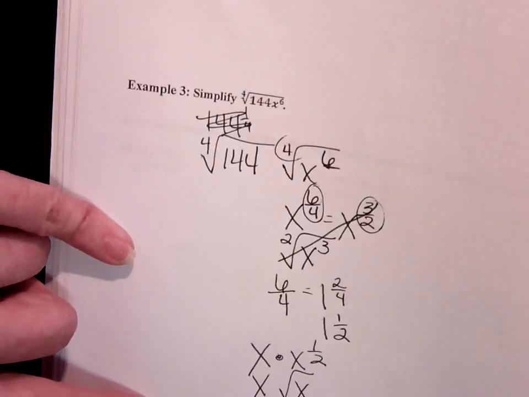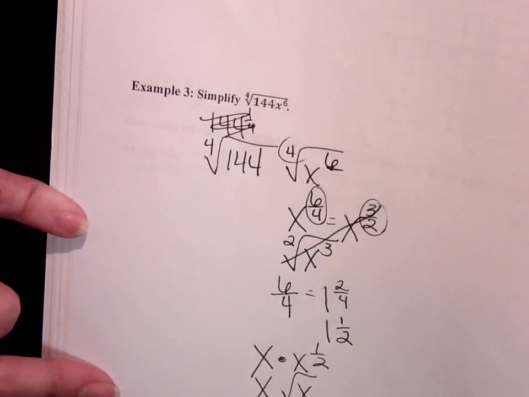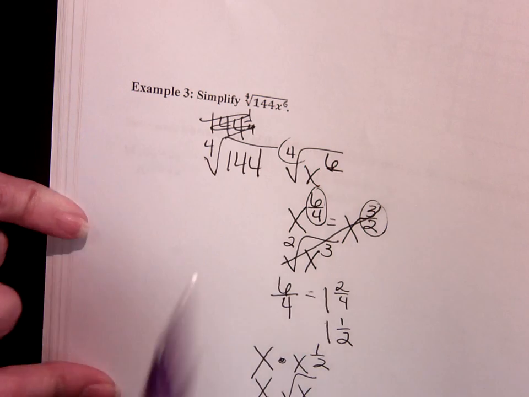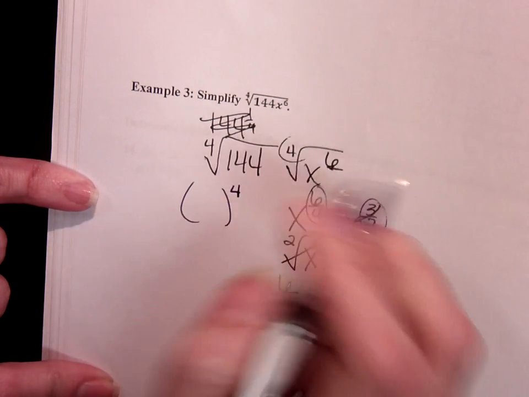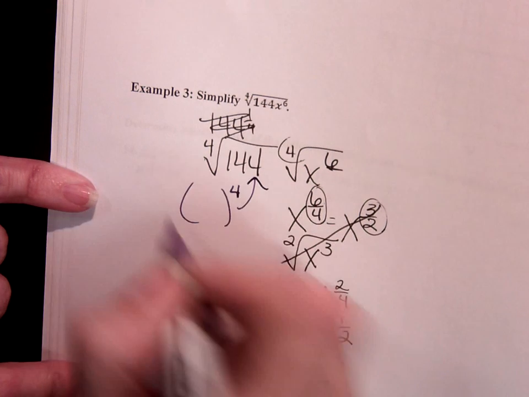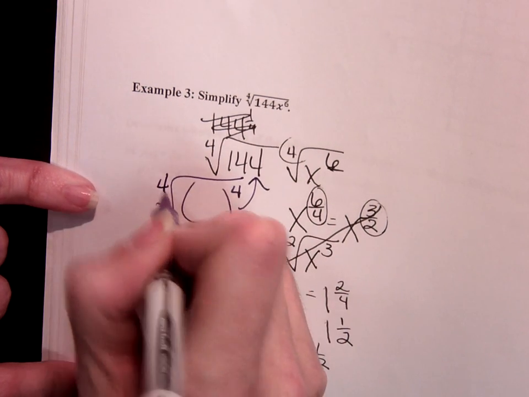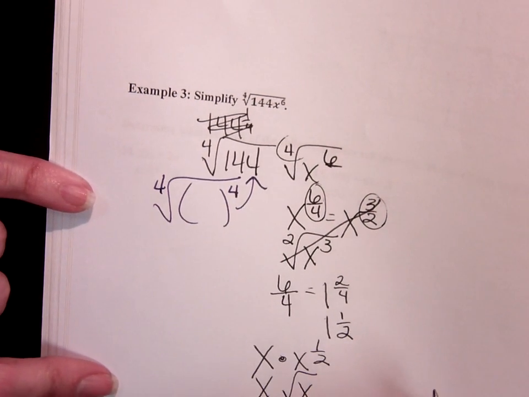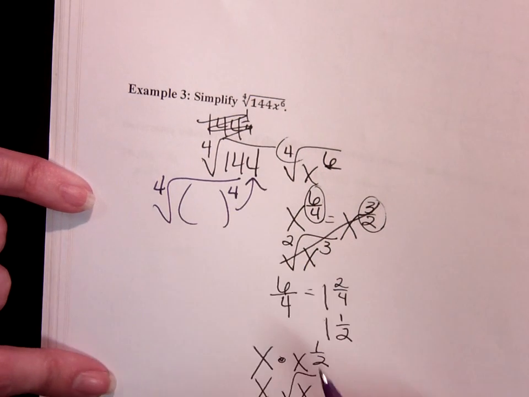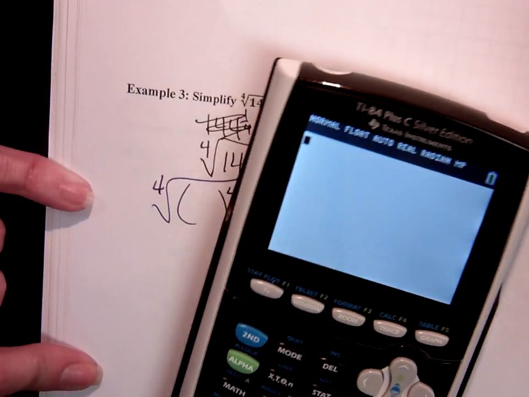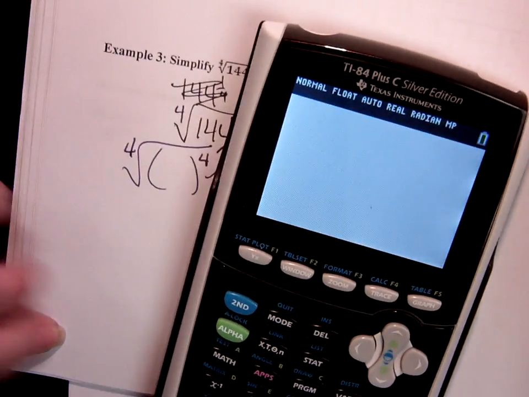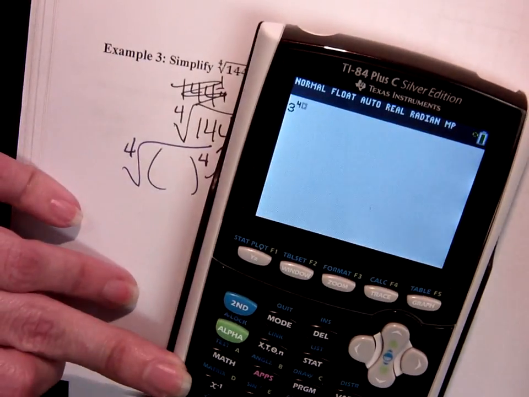Okay. So now let's deal with the 144. I'm looking for some number to the 4th power to equal that 144 so that hopefully I can just clear these and it'll be fine. So if we start looking, 3 to the 4th.